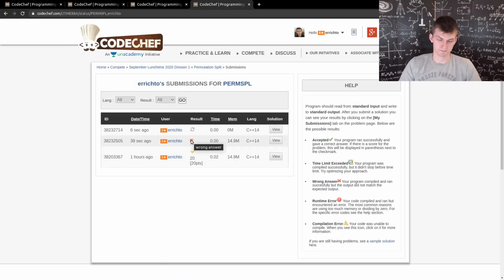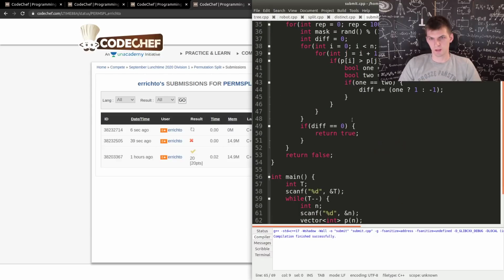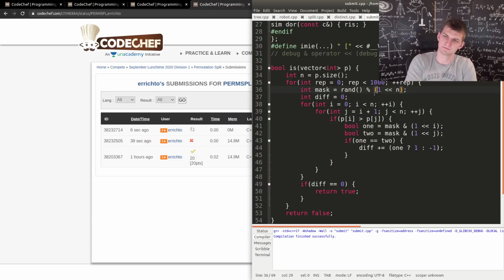Hundred was not enough. If 1,000 is not enough either, then there's nothing I can do. In n log n I can count inversions. So 1,000 times to generate a random split and check it, it's too much.